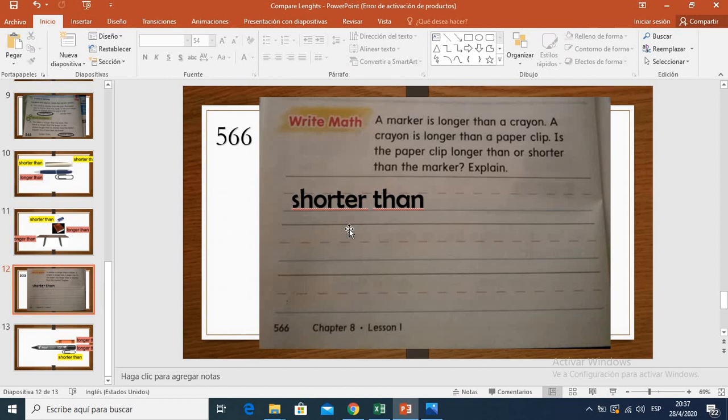And show me which toy is longer than the other, or which toy is shorter than the other. Or if you don't have longer or shorter toys, maybe you can use materials, for example, pencils, crayons, erasers, scissors. Try to compare objects and make a short video for me, okay?